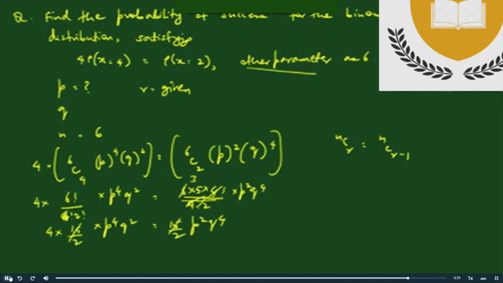This gets cancelled. So we have 4p square equal to q square.